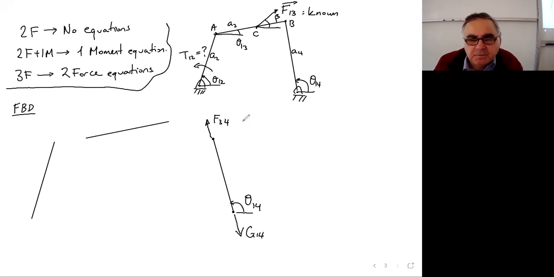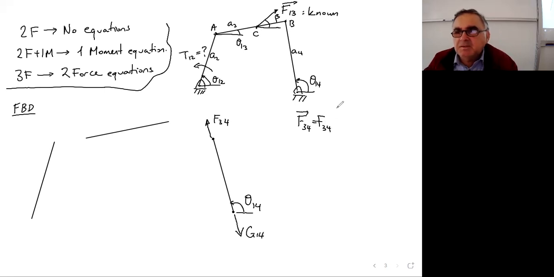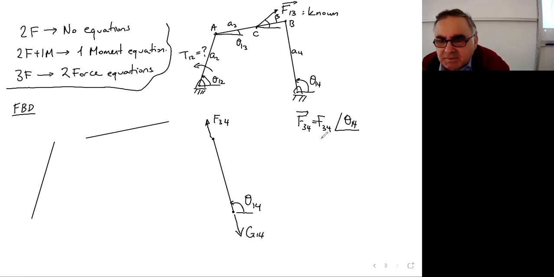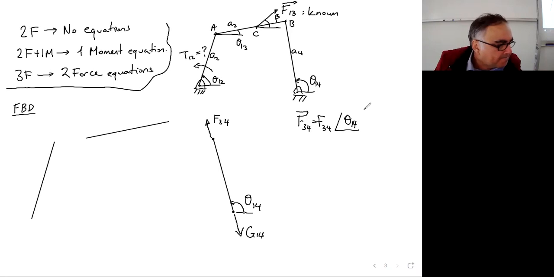So F34 as a vector is equal to F34 magnitude with an angle of theta 14, which we can write as cosine theta 14 I plus sine theta 14 J. Okay, so we know that this is a two-force member. Link 4 is a two-force member.